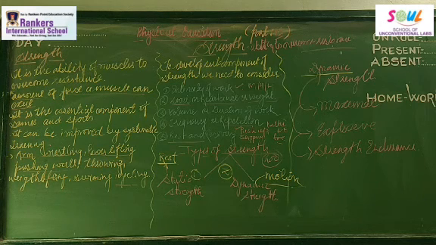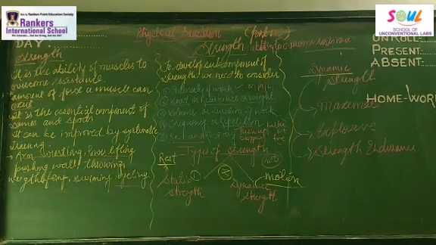Now the next thing that we're going to learn is that there are three types of dynamic strength. The first type is maximal strength, next is explosive strength, and the third is strength endurance. It means first is maximal, the maximum amount of force, explosive which is sudden, and strength endurance which is the combination of strength as well as endurance.